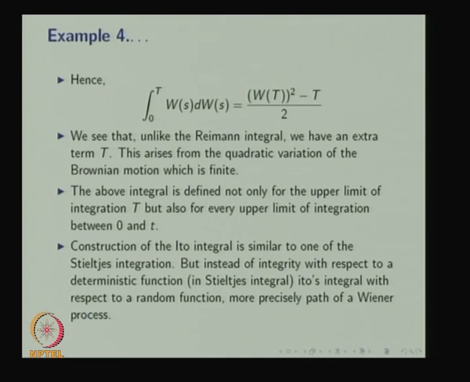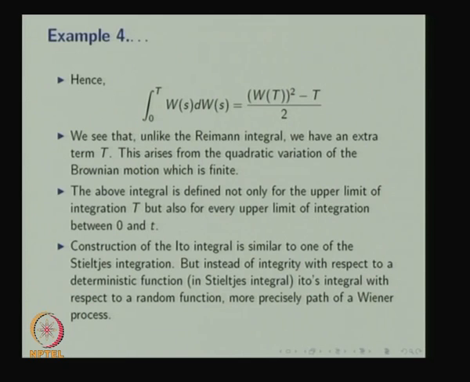You see, the construction of the Ito integral is similar to that of the Stieltjes integration, but instead of integrating with respect to a deterministic function, the Ito integral is with respect to a random function, namely the path of a Brownian motion. So, that is the difference between the Ito integral and the usual integral.